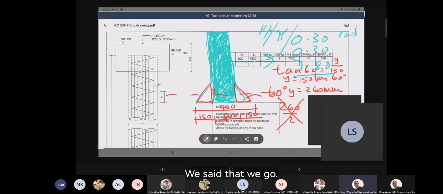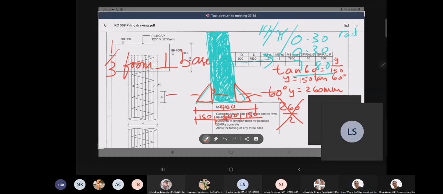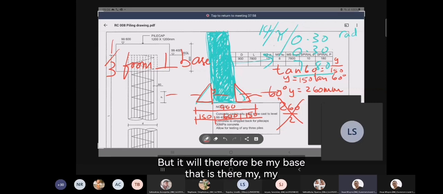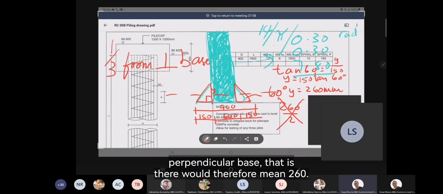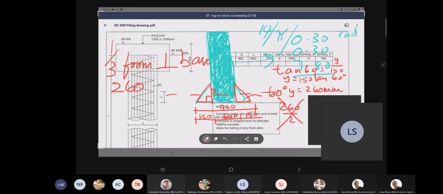We said that we go a third from the perpendicular base. A third of my base. And what is that third? My perpendicular base there would be 260, multiplied by a third.